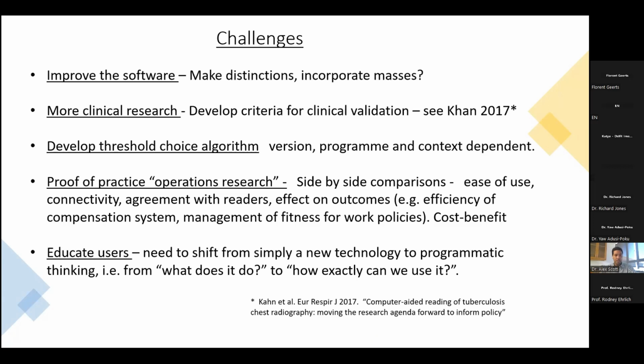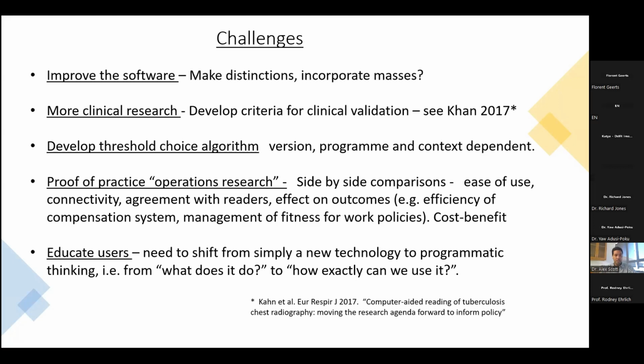So what are the challenges? We've heard about, and I'm sure it's happening, that the software needs to improve and make distinctions, particularly given the phenotypic spread of tuberculosis and silico-TB, the question of incorporating masses, and the question of training. We need more clinical research, and particularly, I think, for silicosis, something to match the article by Khan, 2017, on computer-aided reading of tuberculosis chest radiography, moving the research agenda towards informed policy, in which they set out a type of study design and everything to do with study and ethics.